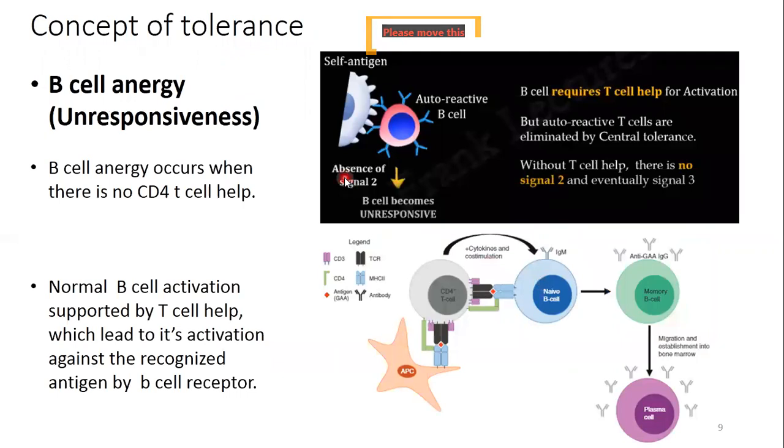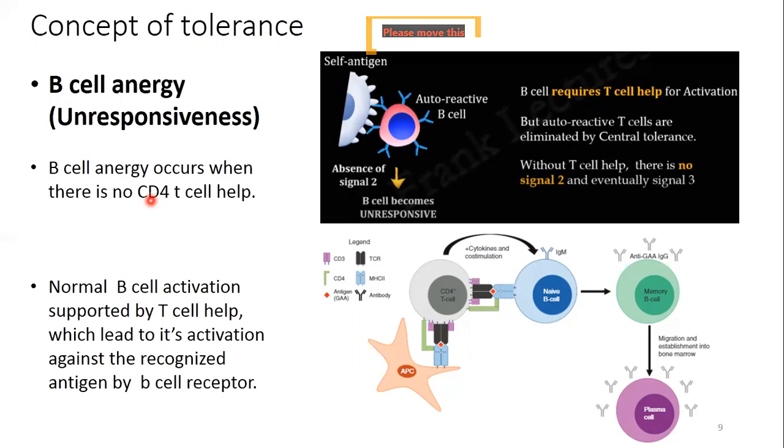Now, how B cells actually become unresponsive. As we know, one of the reasons is chronic long exposure to a soluble antigen without co-stimulation. B cells, for their activation, require CD4 T cell help.